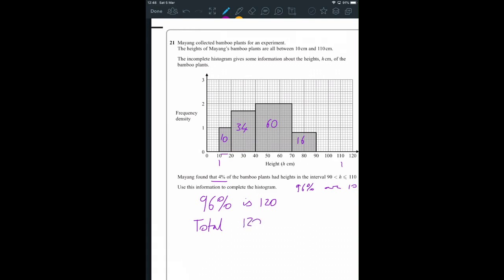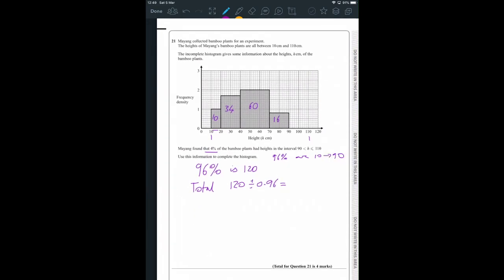Total is 120 divided by 0.96. 120 divided by 0.96 says there are 125 plants in total. So that says there are 5 in 90 to 110.